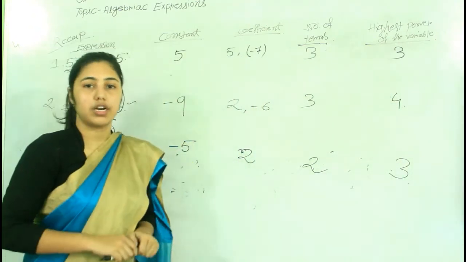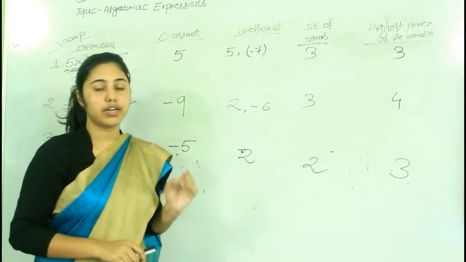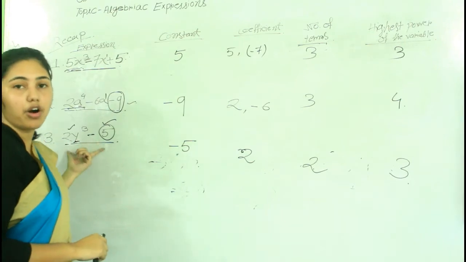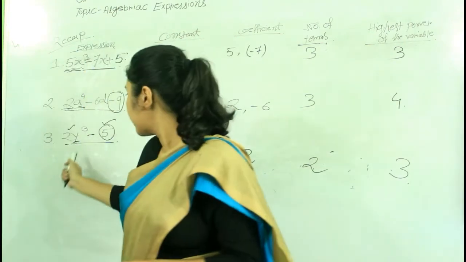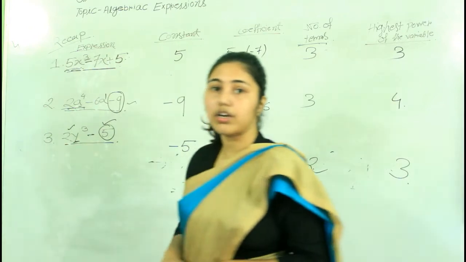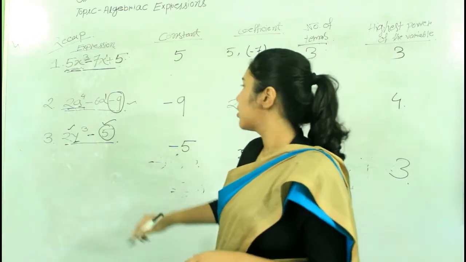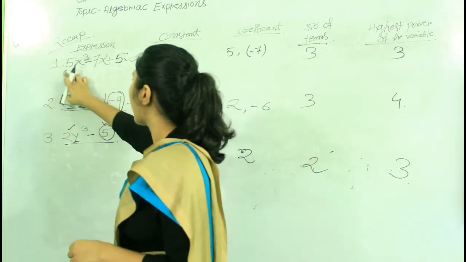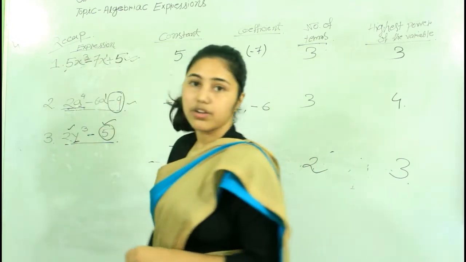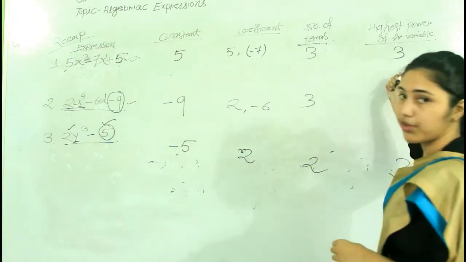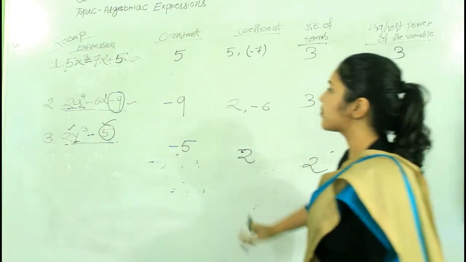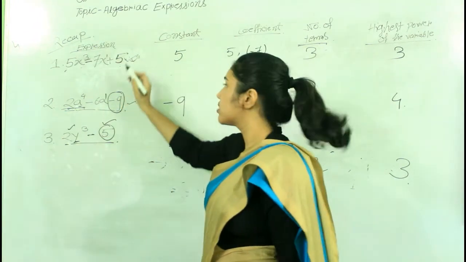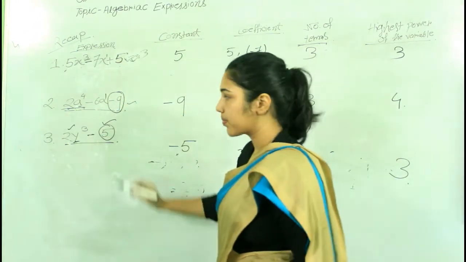Now, we have to study what is the degree of this expression. The degree of this algebraic expression is the highest power of the variable. So, in this expression, the highest power of the variable is 3. Right? Highest power of the variable is 3. Which means the degree of this expression is 3. Okay?